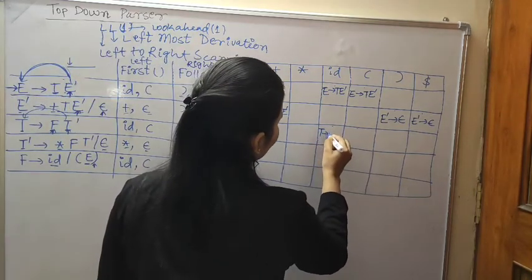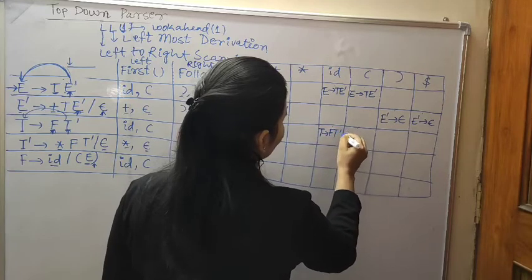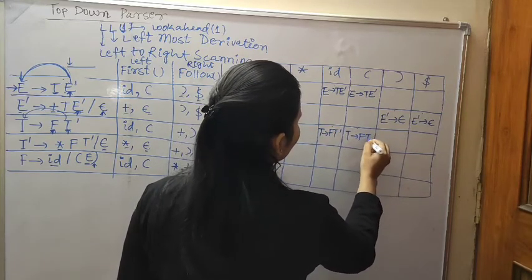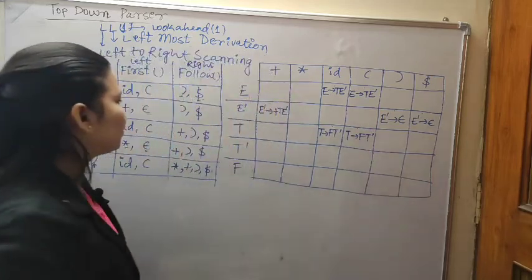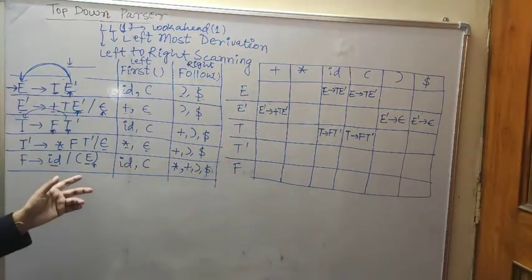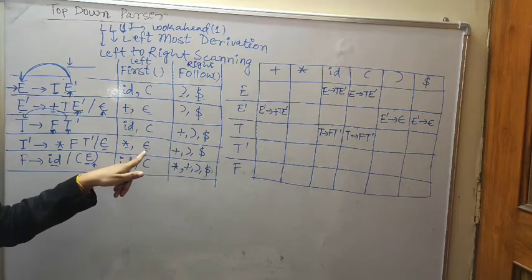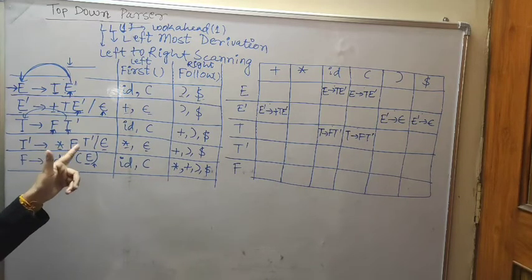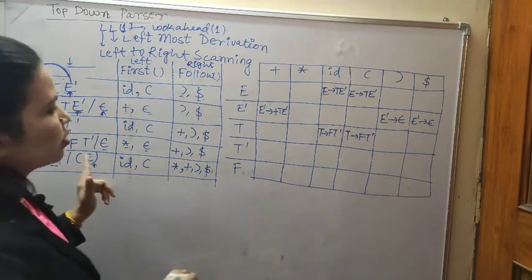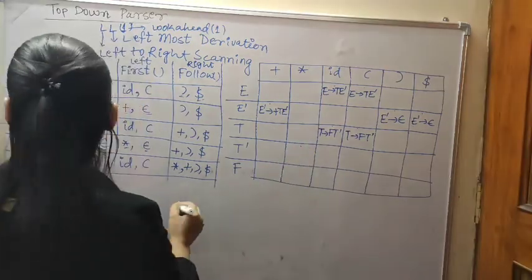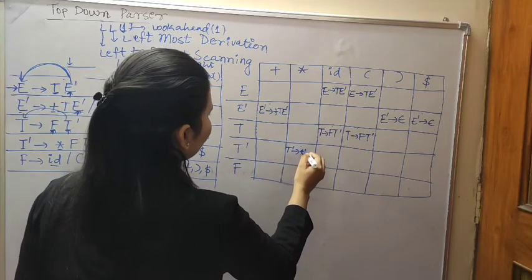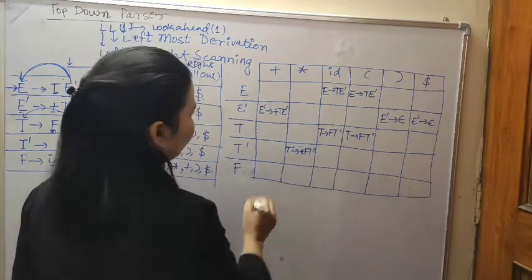Now the T dash place: star and epsilon. In the star place we write the production rule T dash to star F T dash.